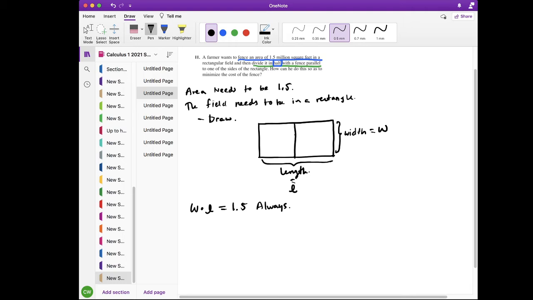So if you want to buy the least amount of fencing, someone give me an equation to minimize. Or at least someone give me an equation for the total fencing. Yeah, 3W plus 2L.